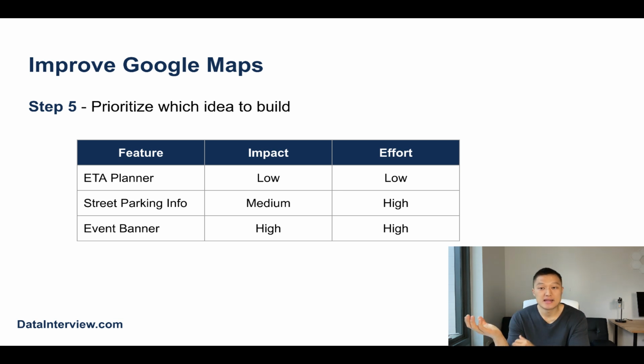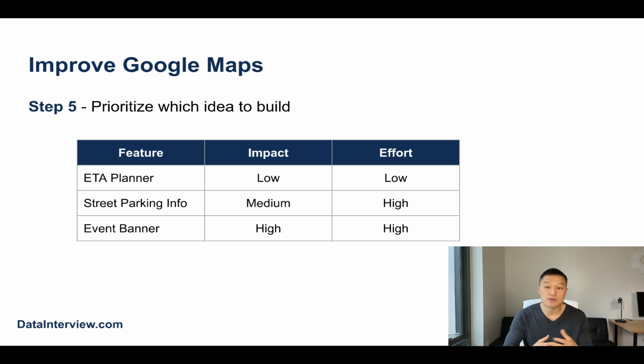Because you want the highest sort of ROI, minimum effort and maximum return. And so you can approach each idea based on this, and you can say, based on this analysis, I can say that ETA planning would be low impact and low effort, and you would obviously have to justify why that is, right?